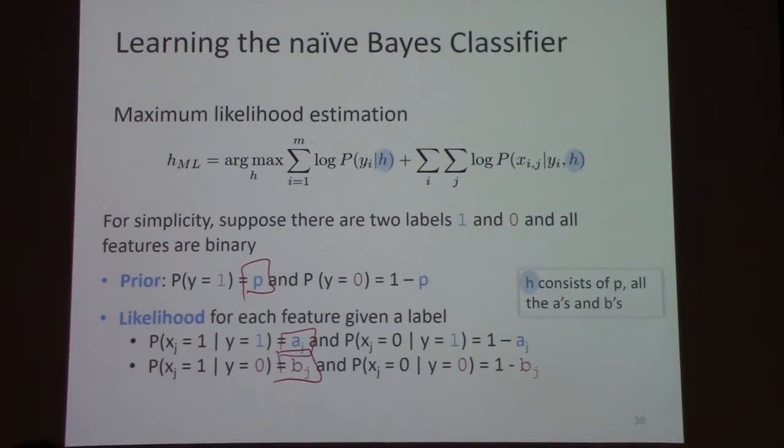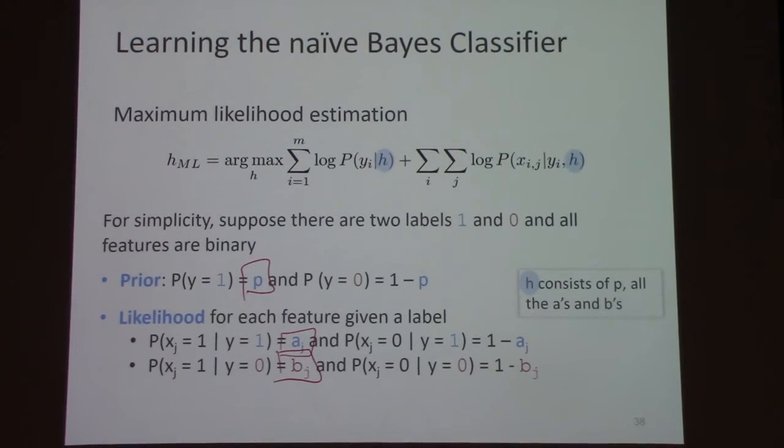It seems pretty obvious. Let's say among the 8 positive examples, feature number 1 is 1 six times. So what is A1? 6 by 8, 0.75, so 3/4.